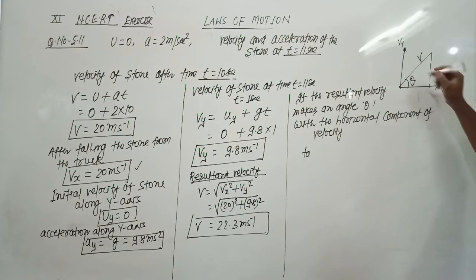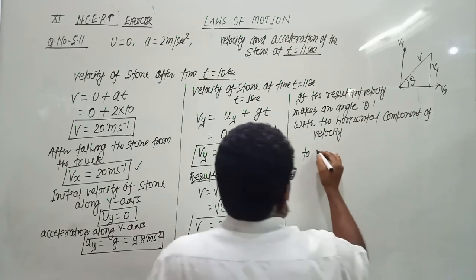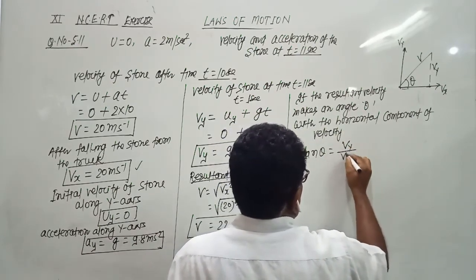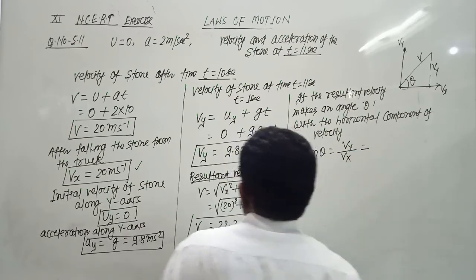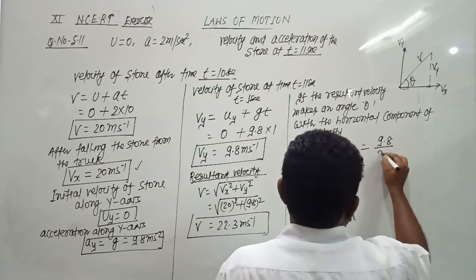So tan theta equals Vy upon Vx. The value of Vy we have calculated is 9.8 and Vx is 20.